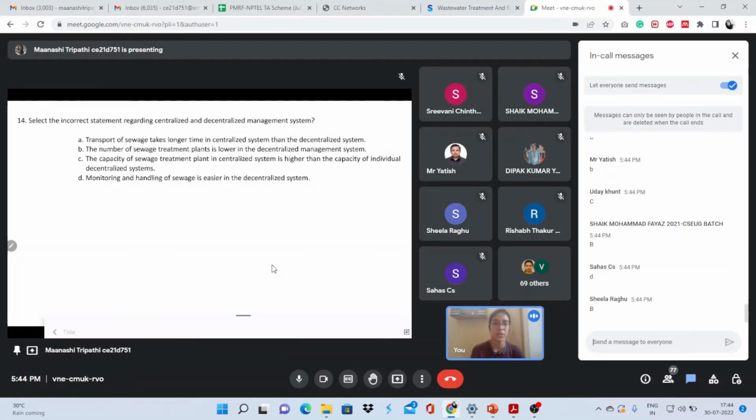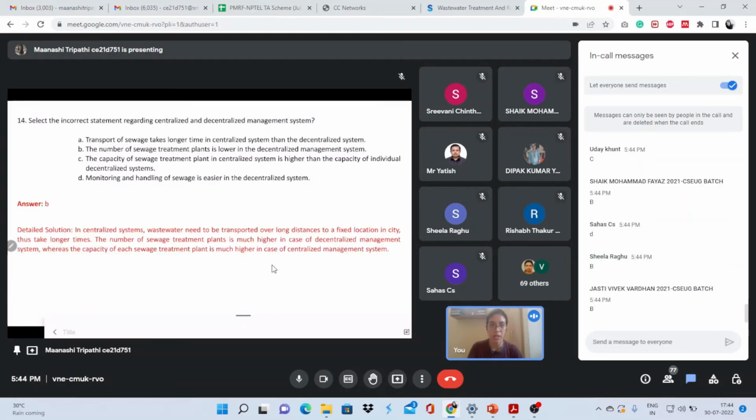Any more answers? Okay, we'll see the answers now. The answer is B. We'll start from option A: transport of sewage takes longer time in a centralized system than in a decentralized system. Let's see how it works.